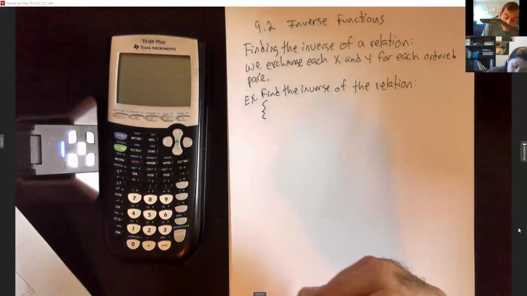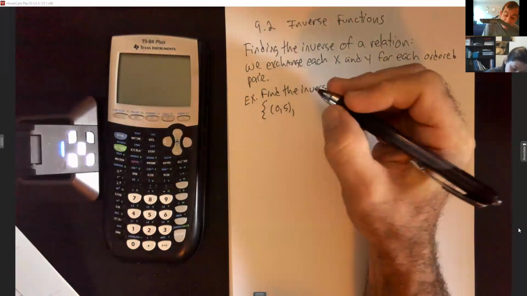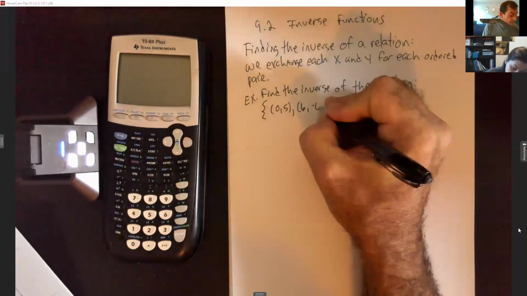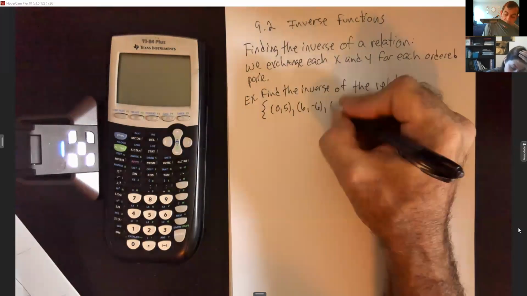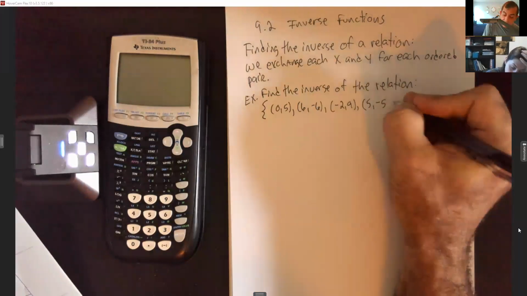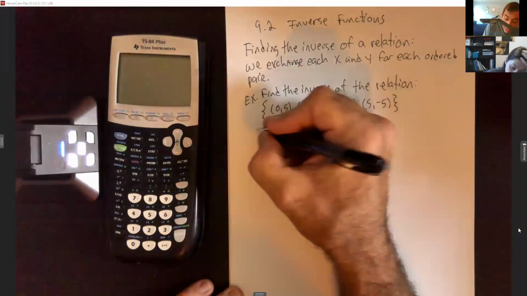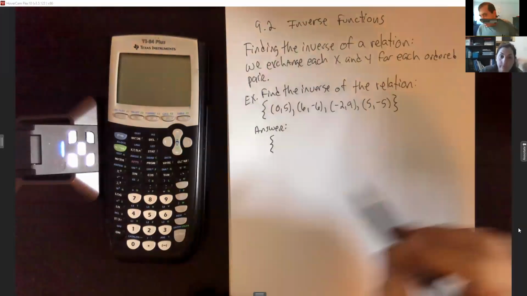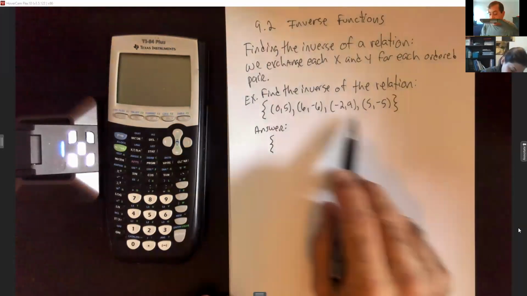I got (0, 5), (6, -6), (-2, 9), and (5, -5). So they're giving me my ordered pairs. So our answer here, MATLAB will give you the squiggly, curvy parentheses. All we have to do is put in our answer.